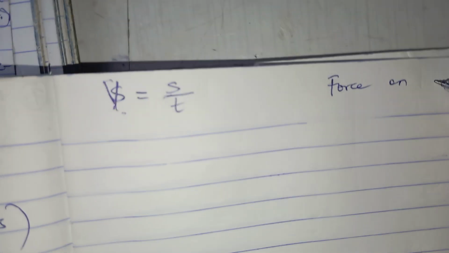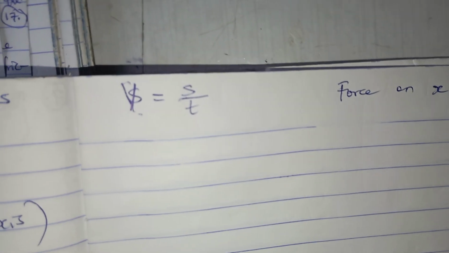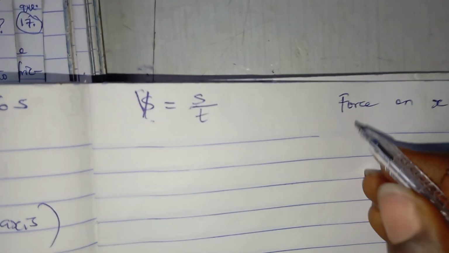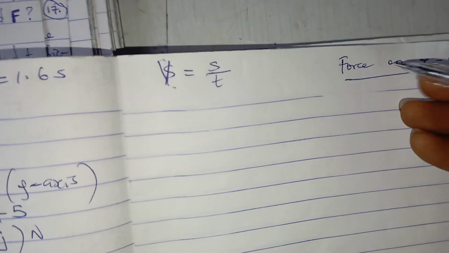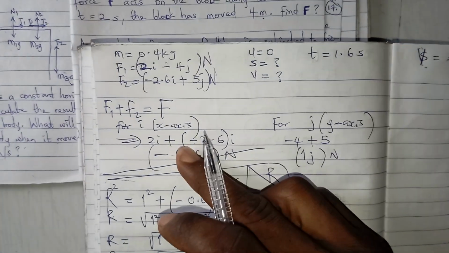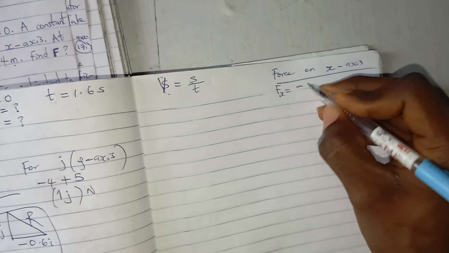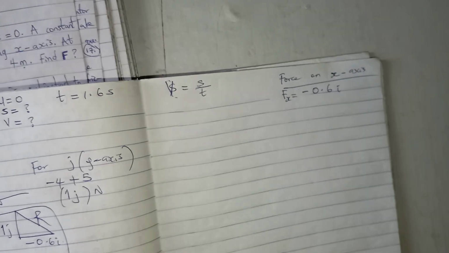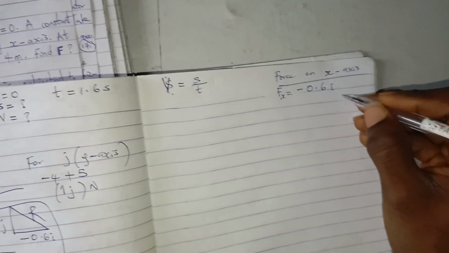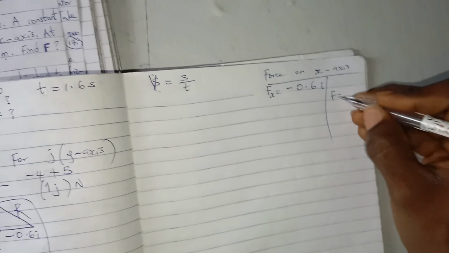So let's do force on the x-axis, which equals what we got, minus 0.6I. And remember that force is equal to MA.